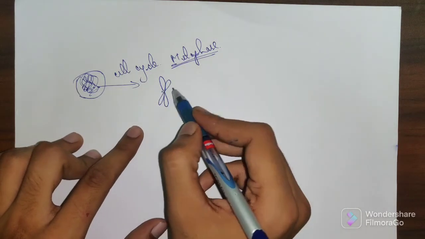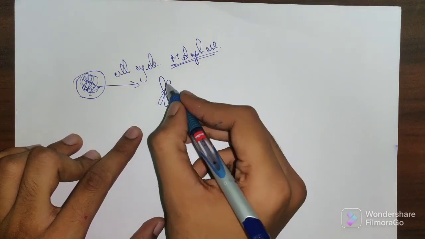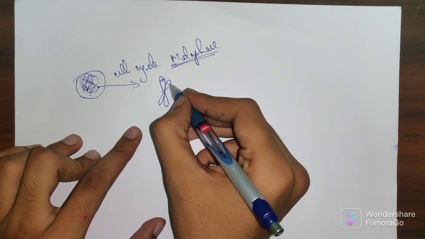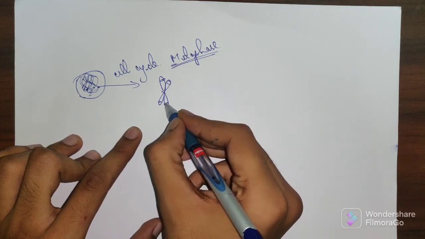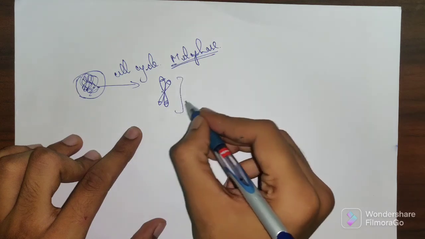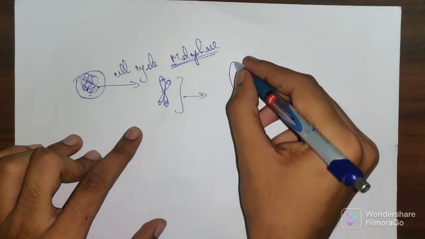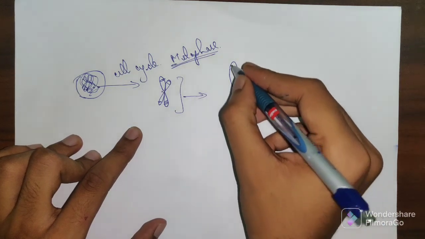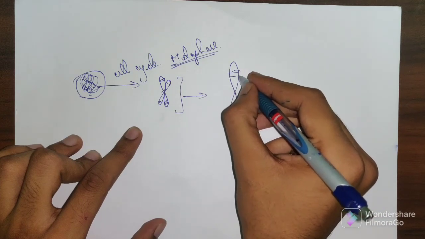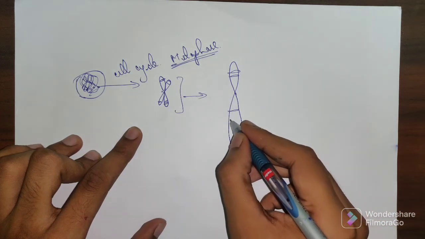Now in this chromosome we have various spots. These are called genes. This is in the magnified form. Here there's a gene, here there's a gene, here there's a gene, here there's a gene.